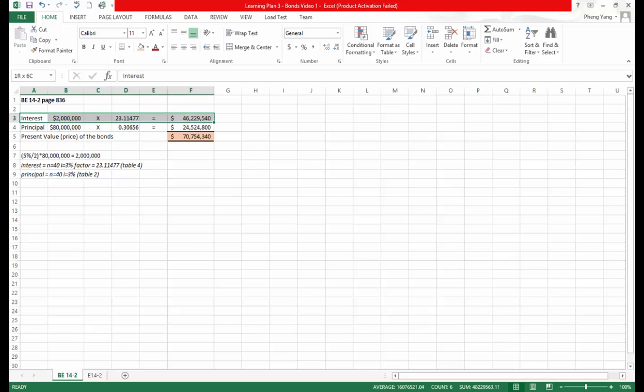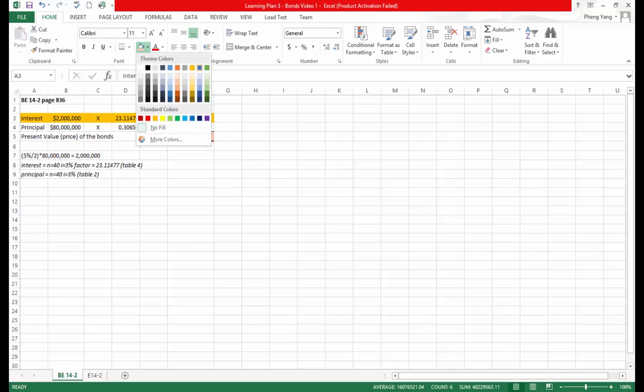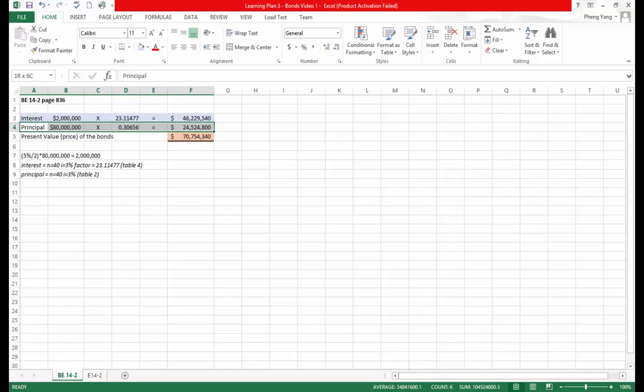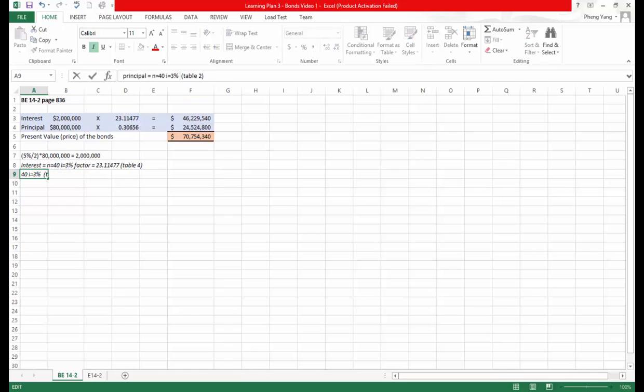That's the way we would lay these out. Let me highlight that for you. Each of these is calculated down here, so that you know where those numbers came from when you come back to these notes.